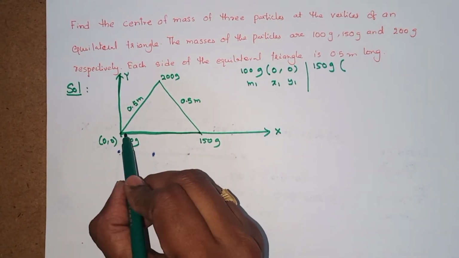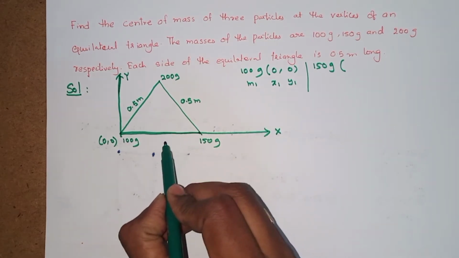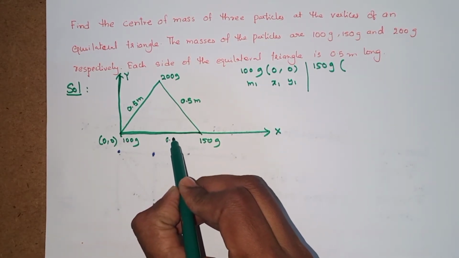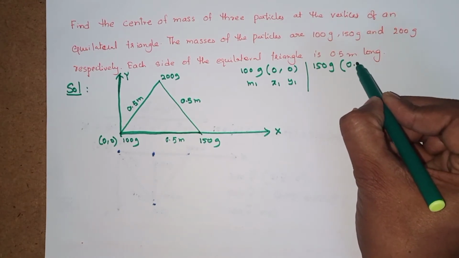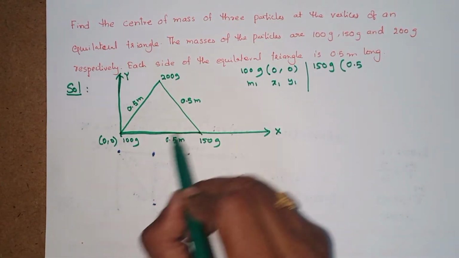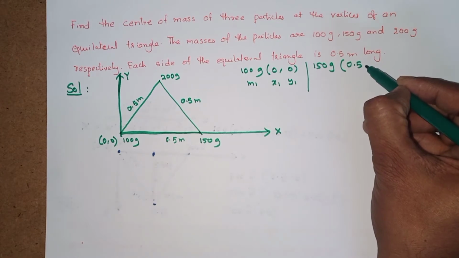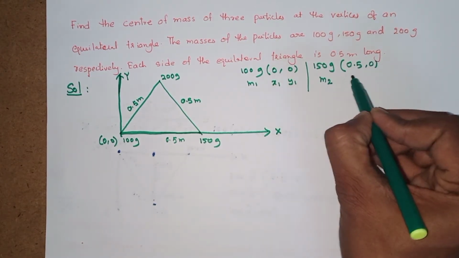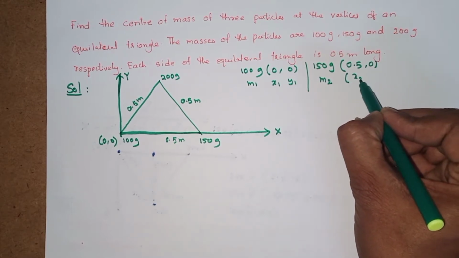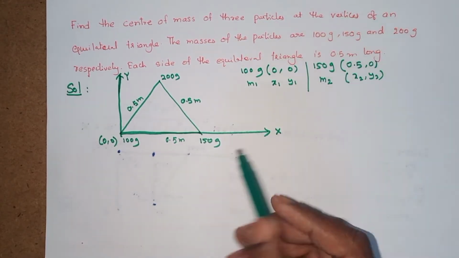What is its location? It is 0.5 meter along the side, so x is 0.5, and it lies on the x-axis, so the y coordinate is 0. So this is M2, which you write as x2, y2.